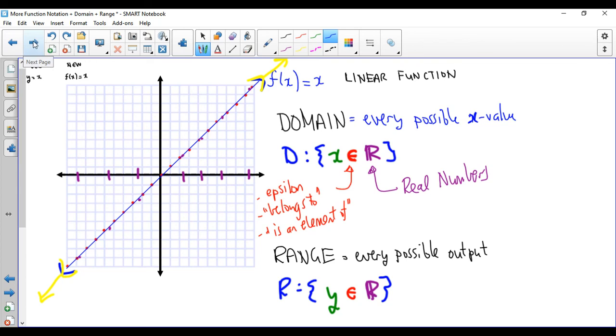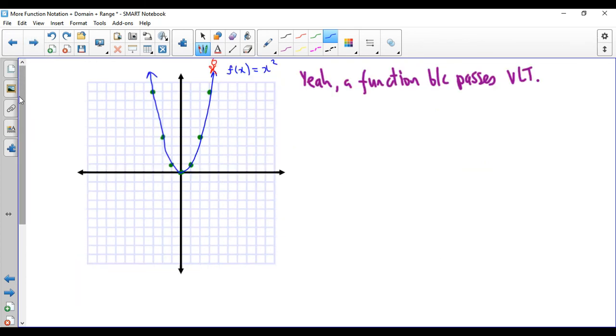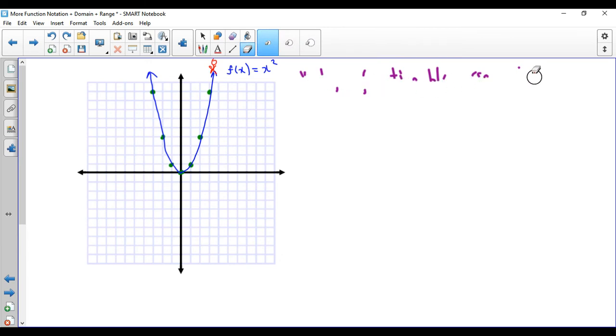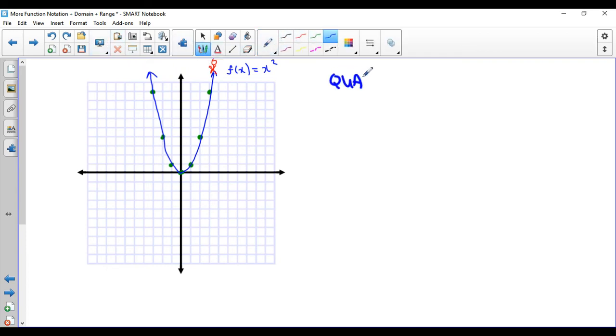And then lastly, if we look at this, I kind of forgot to erase this. So we're going to do the same thing, right? Here we have our function. Now this is a quadratic, which you probably remember from last year.